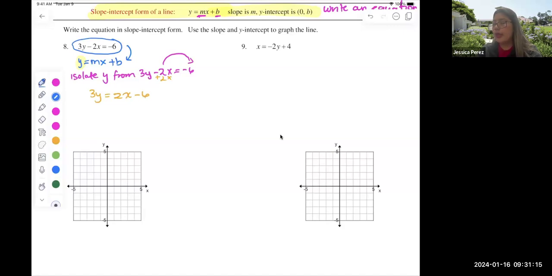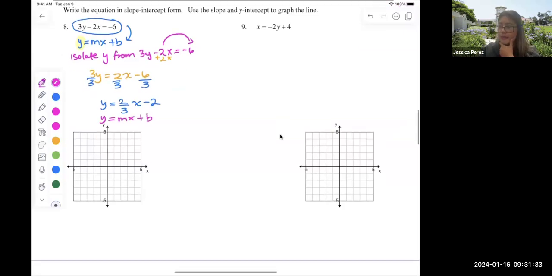Now there's one more thing I have to do to leave the y by itself: I have to divide everything by 3. So I get y equals 2 over 3 x minus 2. This looks a lot like y equals mx plus b, does it not? If I line them up together, I can easily identify that m is 2/3, my slope, which is also called rise over run.